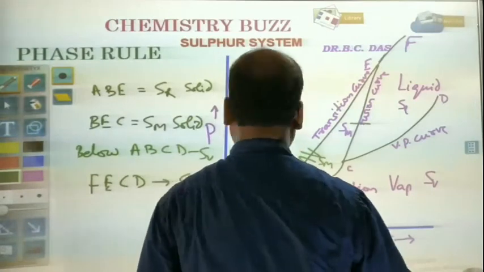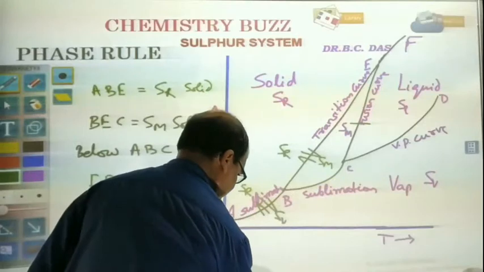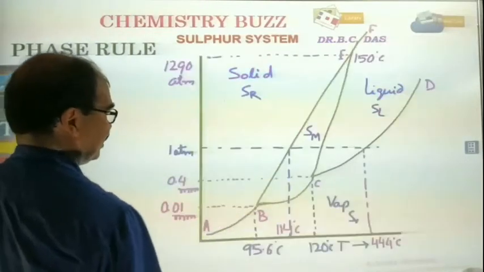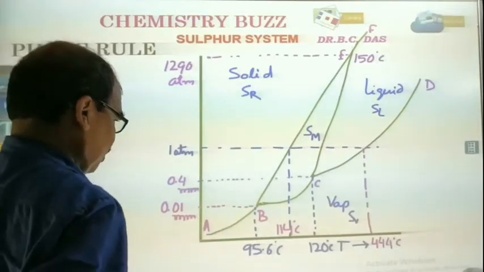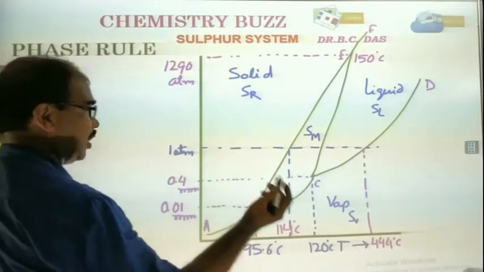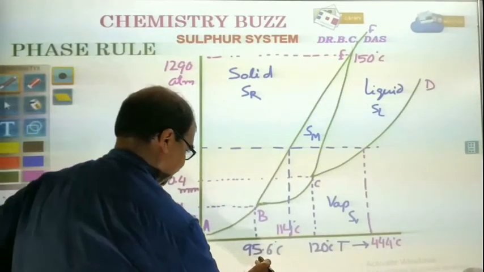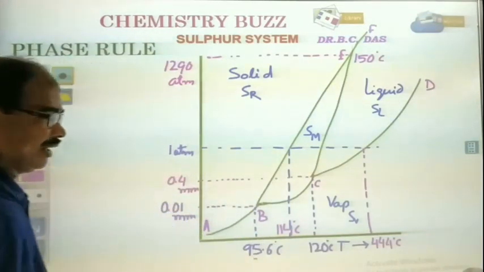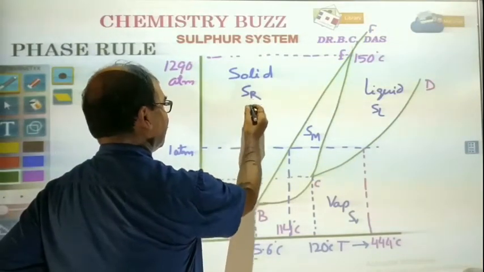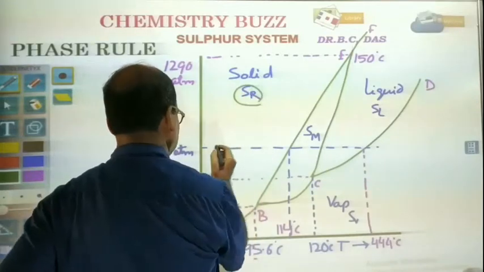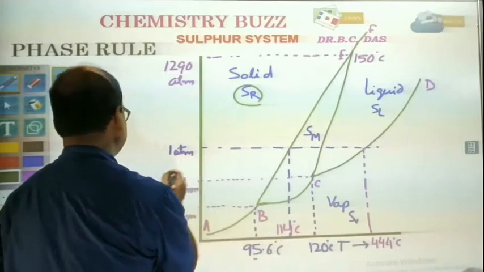Okay. So now we will see the effect of the pressure and temperature on the phase diagram. So as we have learned, the rhombic sulfur changes to monoclinic sulfur at 95.6 degrees centigrade. Suppose we have taken the rhombic sulfur at 1 atmosphere and supplied heat, keeping the pressure constant.